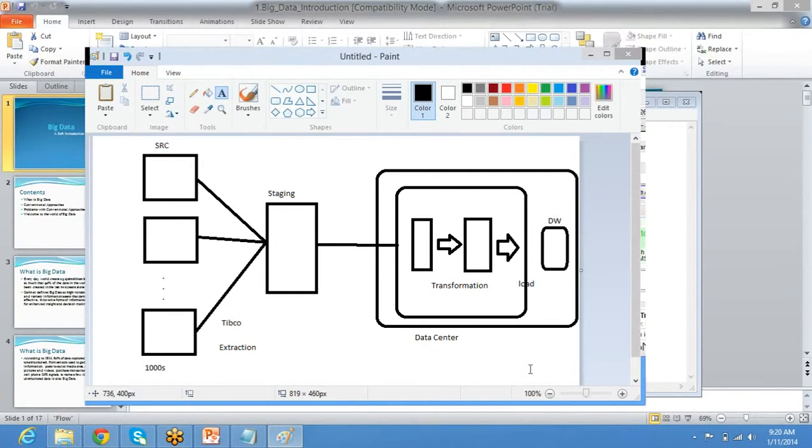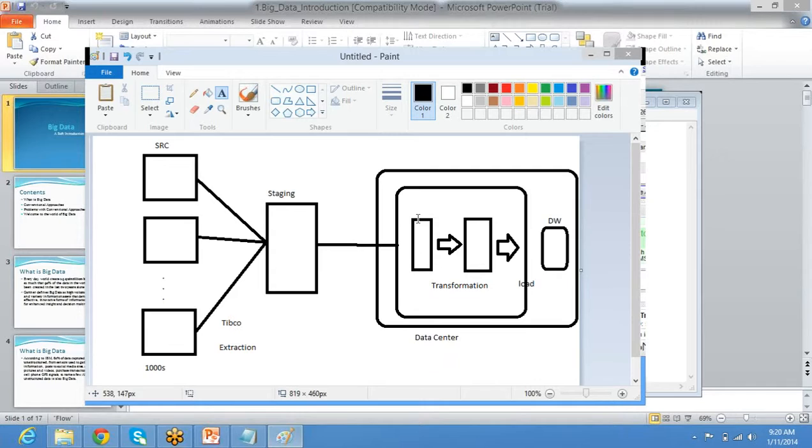Guru Prasad, this is the best way I can explain it to you. This is the real application deployed at one of the biggest players in the industry. These are the source systems generating some form of data. The data is collected by TIBCO, a quite popular tool. This process is called extraction. Usually it goes via the staging, then you get the data in one of your systems.